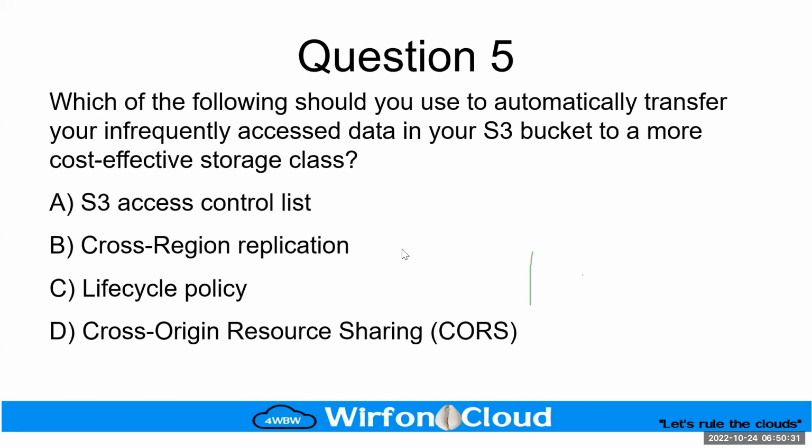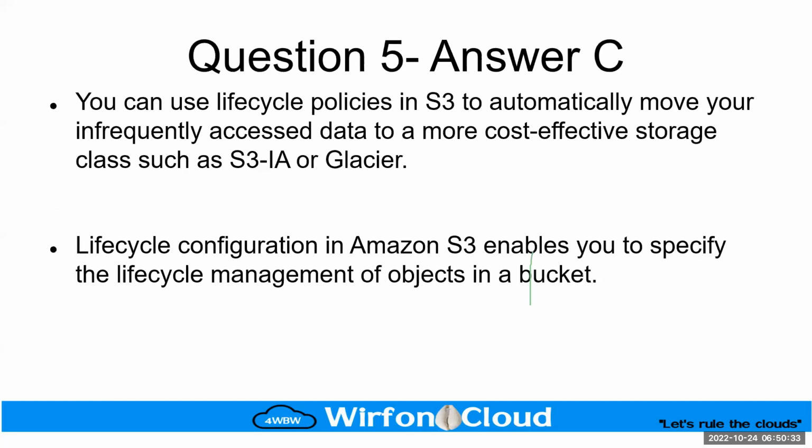We have S3 access control list, and the answer is lifecycle policies. These are rules that you use in order to move your objects from one storage class to another, when you know the pattern in which your data is going to be accessed.